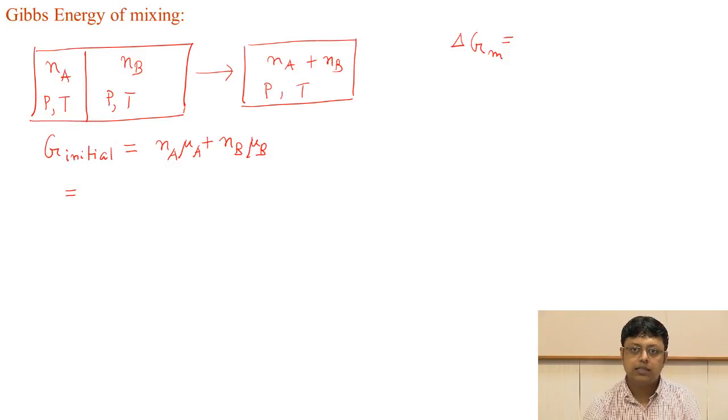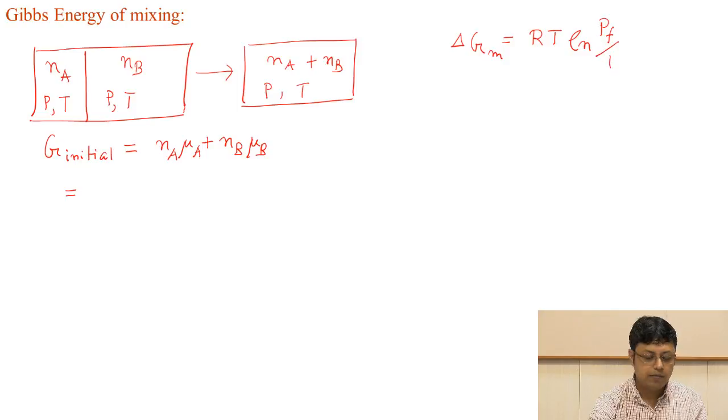When we discuss the changes of Gibbs free energy as a function of pressure and temperature, remember that we got this kind of equation where we used an ideal gas as an example, and you can easily show that it will be RT ln Pf by Pi, because it is nothing but just the VdP term, and this V you write in terms of nRT by P. If you divide both sides by n, this G will be nothing but Gm, the molar Gibbs free energy, and then if you integrate it, you will easily get this equation, P final divided by P initial.